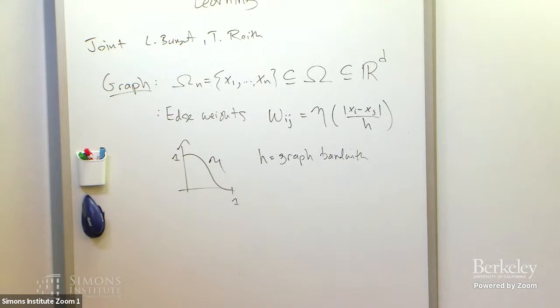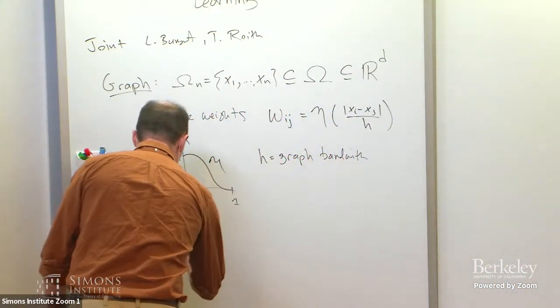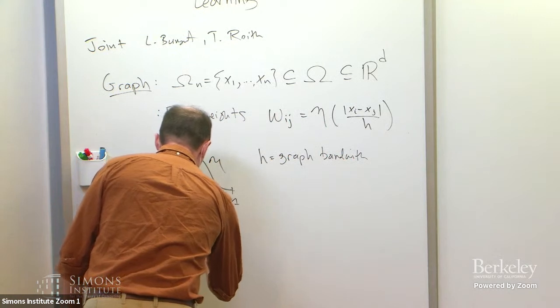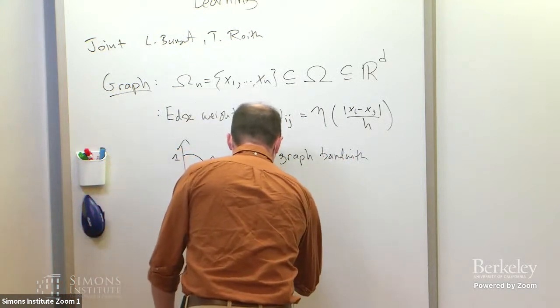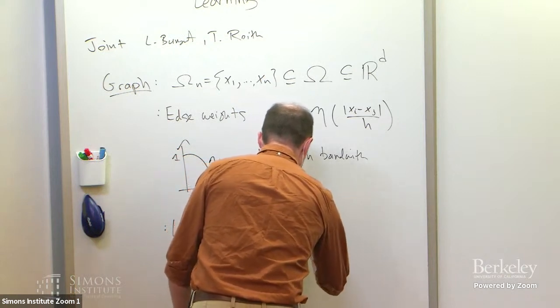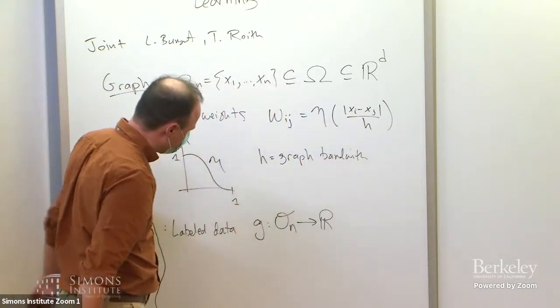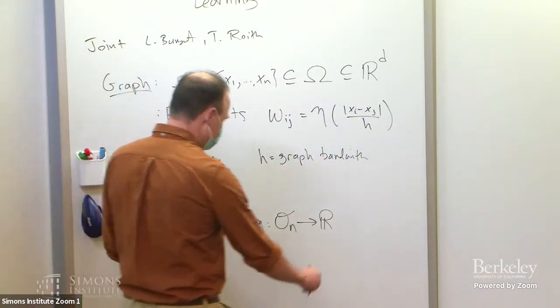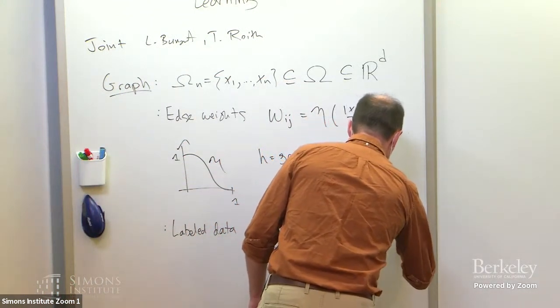And so attached to this graph, you also have labeled data, which is a function g on a subset, I'll call it script on, into just the real numbers for now, but you can extend these things to vector valued labels. So this is some subset of the vertices in the graph.